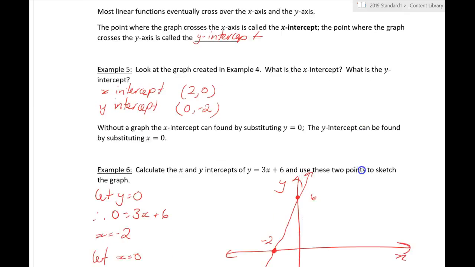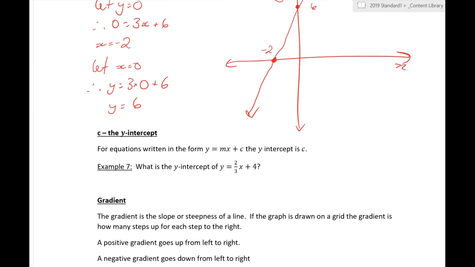Now, one of the other things that you can use to understand gradient is if I'm following along my function, if I go across one step to the right, the gradient tells me how far up or down I have to go to get back to the line.